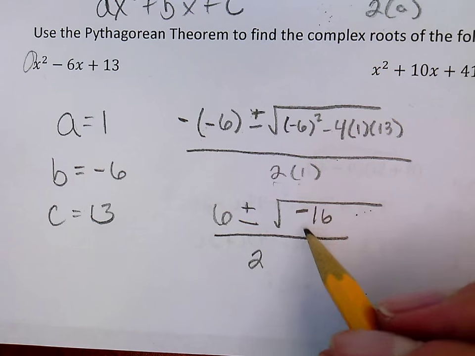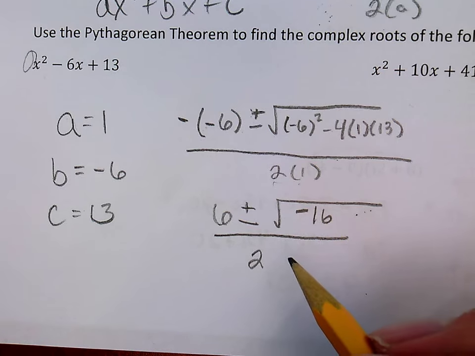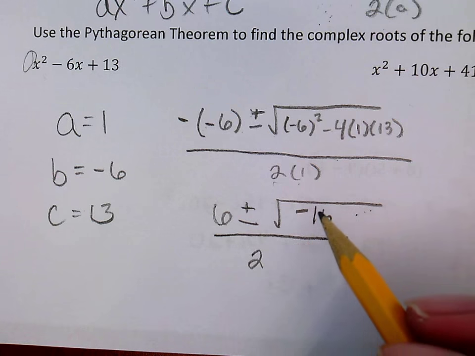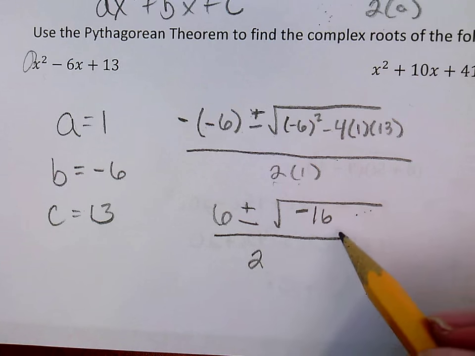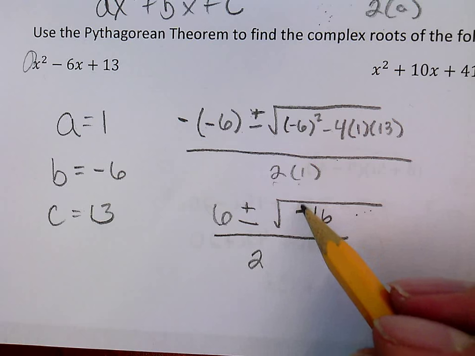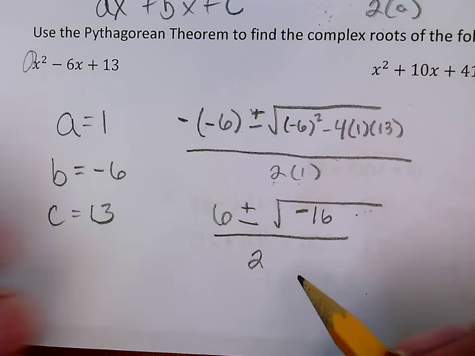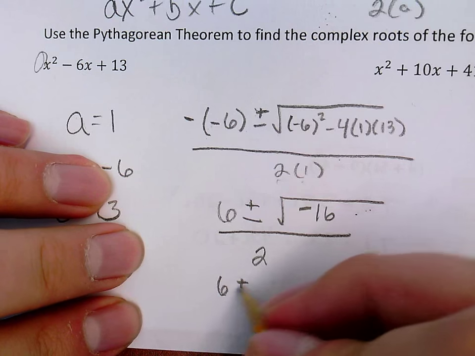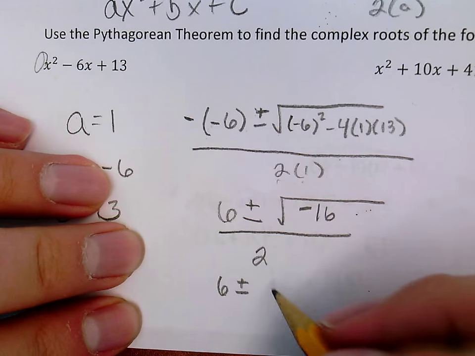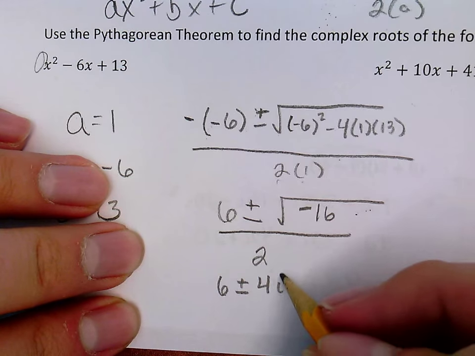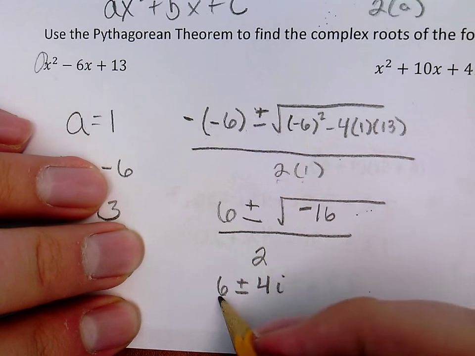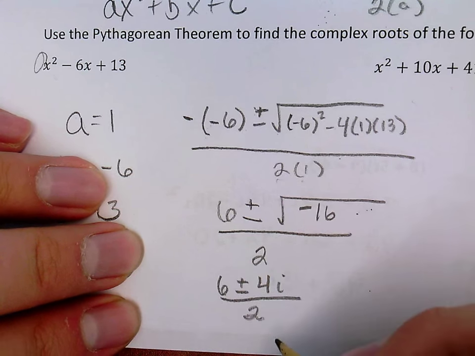Now, if I ever put a negative number into my equation, or into the square root, it comes out as an error. So what we're going to do is figure out what the square root of a positive 16 is, and since this has a negative, we're just going to put an i afterwards. So the 6 becomes 6 plus or minus, and then the square root of 16 is 4, but because it was negative, we're going to put 4i, and it's all going to be over 2.